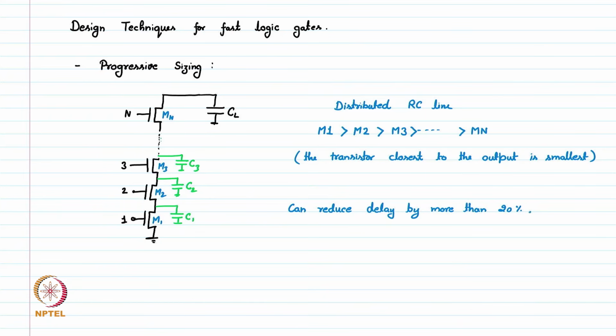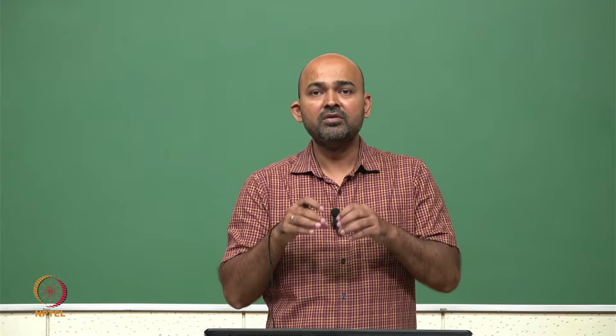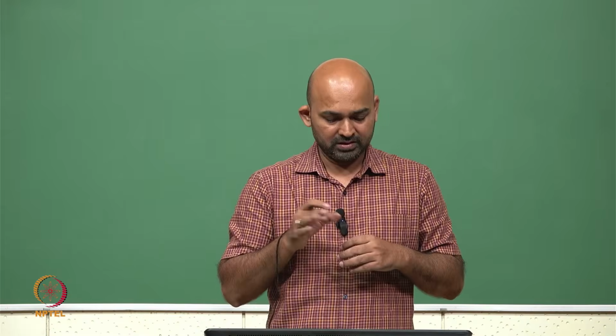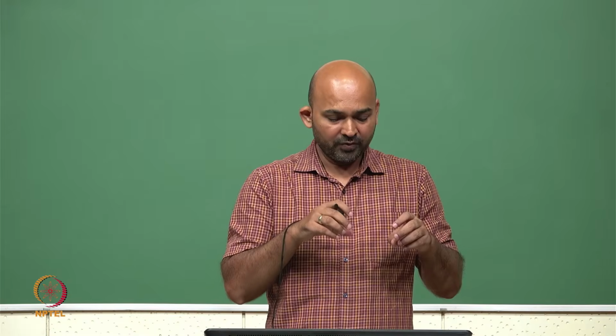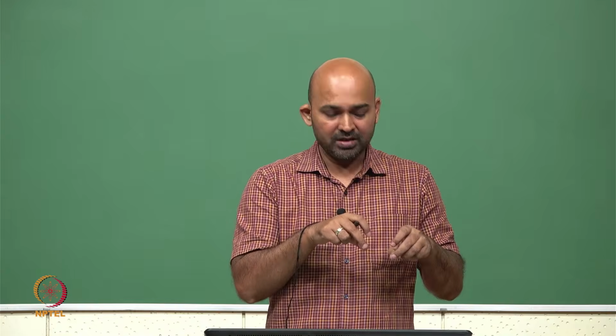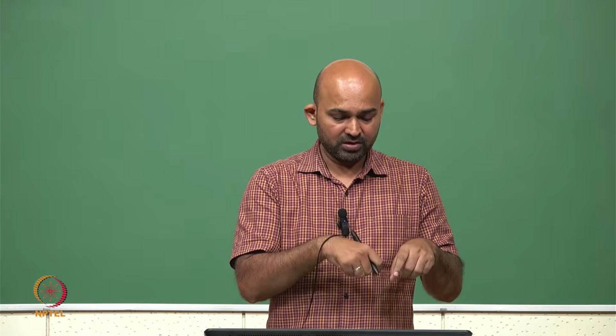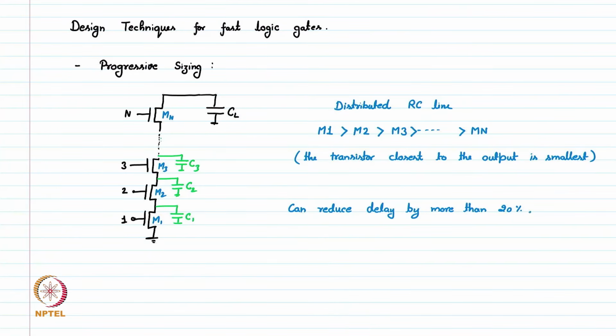M1 is kept the biggest because all the current going to the top is flowing through M1. M1 is the transistor which has to discharge all the current coming from C1, C2, C3 and up to CL. However, the Mn transistor only needs to pull down CL to the ground.